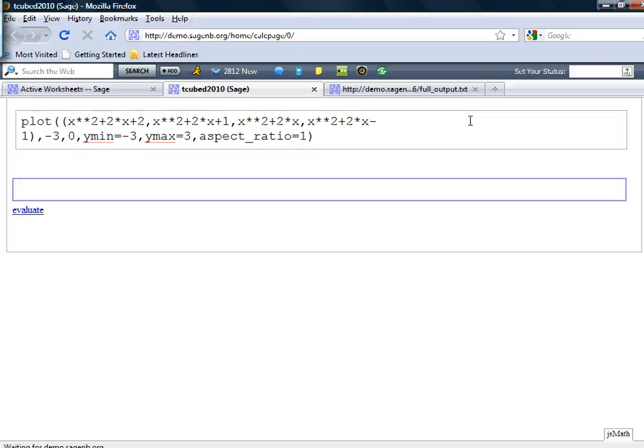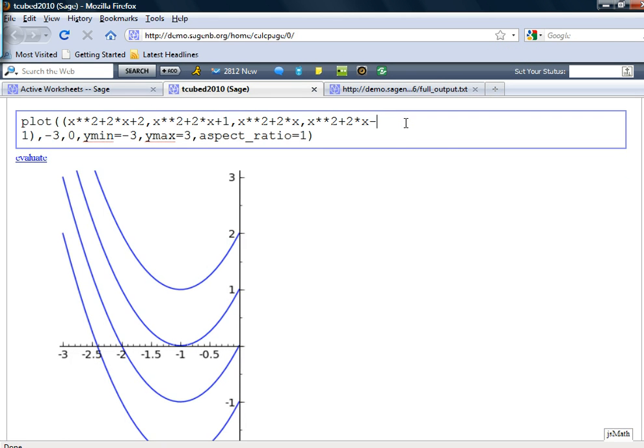Oh, there's a lot of stuff you can do here. Something got screwed up here, but okay, there I did it. You can change the color of each graph. You can do all kinds of crazy stuff.